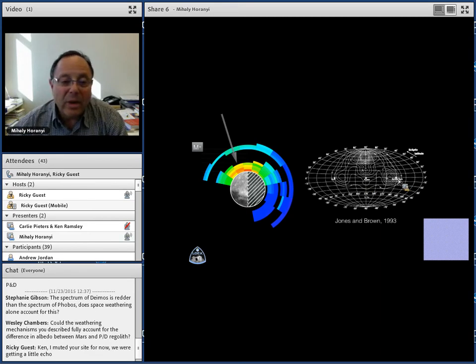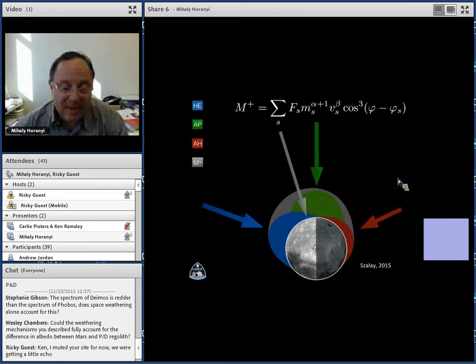And then one can build a model to take a linear combination of these three, the blue, the green, and the red, the helion, anti-helion, and the ram direction, and make a fit to our data.